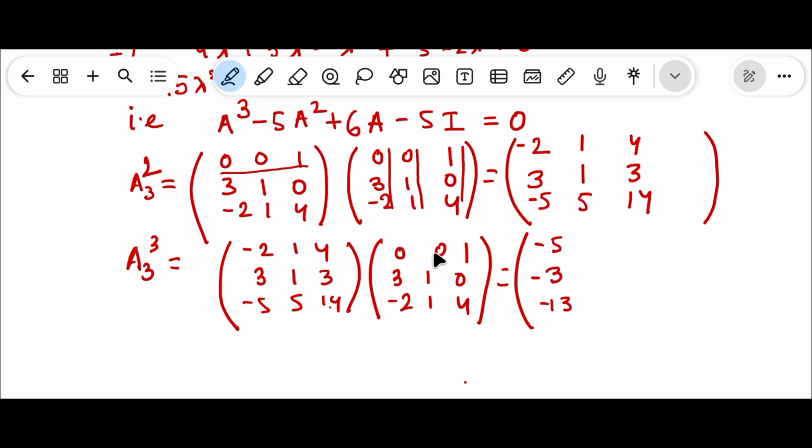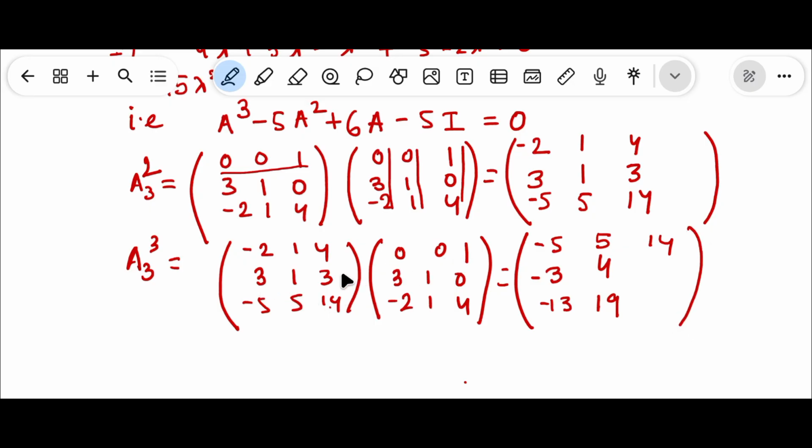Now let us multiply with the second column. So 0, then 1 into 1, that is 1. 1 into 4, that is 5. Now 0, then 1 plus 3, that is 4. Then 0, this is 5 plus 14, that is 19. Then minus 2 0 16, that is 14.